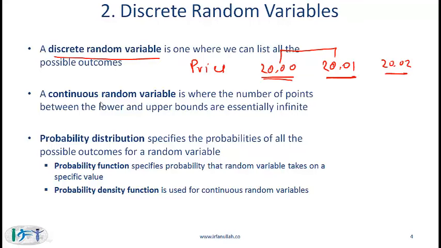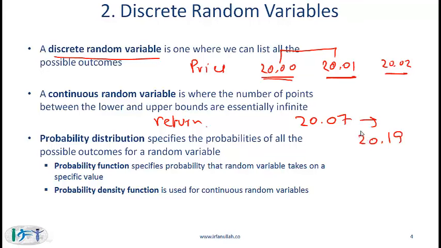A continuous random variable is where the number of points between the lower and upper bounds are essentially infinite. And the classic example of a continuous random variable is the return on a given investment. If you buy a stock for 20.07 and then sell it for 20.19, the return that you make over here is going to be a very long decimal. So you can do the actual calculation and then you can calculate other returns. The return that you will report then will be rounded to 2 decimal places.